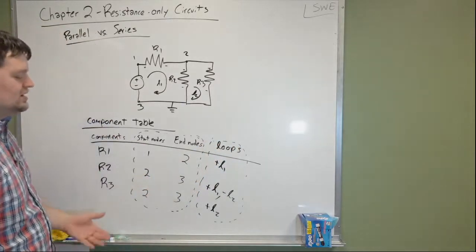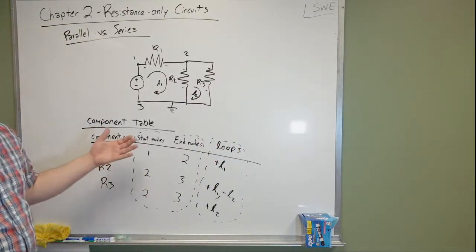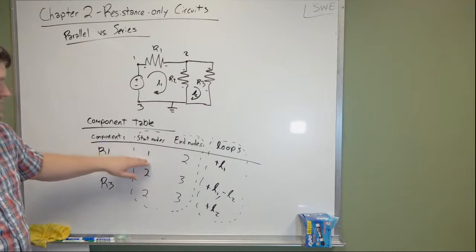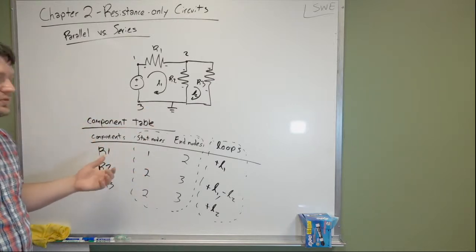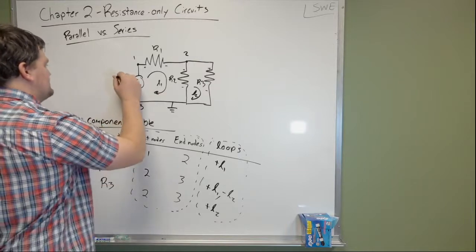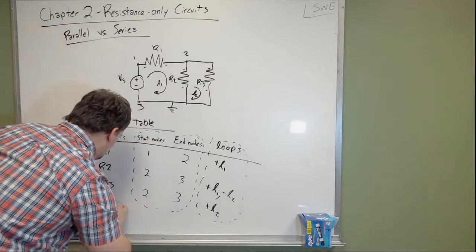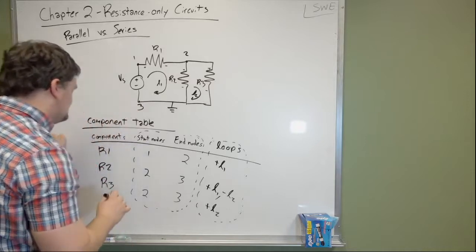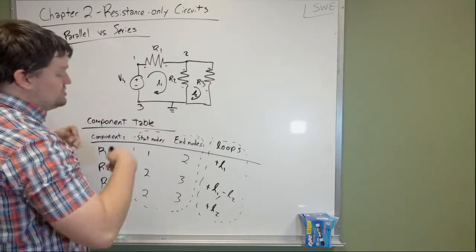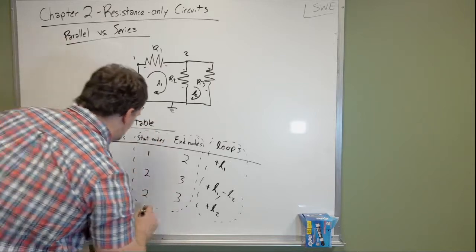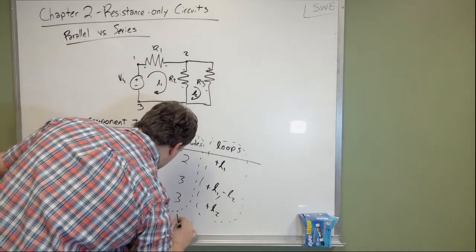So if I go to node 1, everywhere I see a node 1 here, I should see R1. We also didn't throw in VS, which I should have done, but VS is another component. It starts at node 3, which is actually the negative end, and goes to node 1.